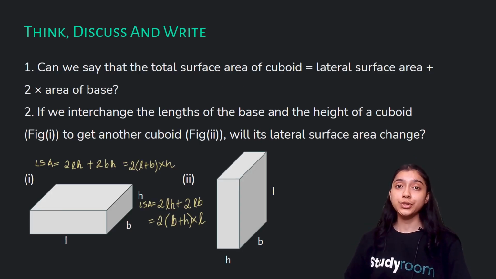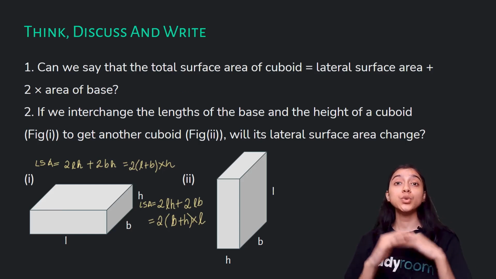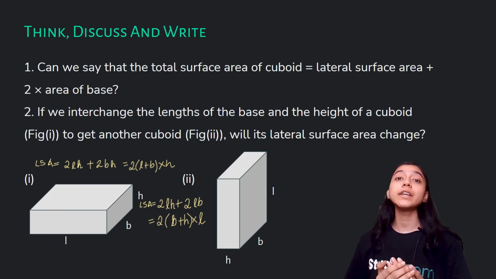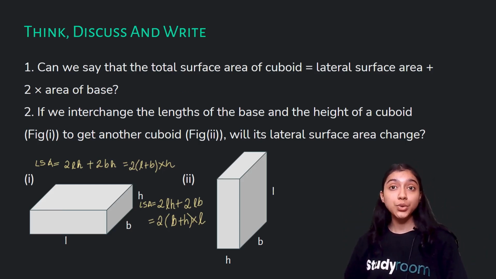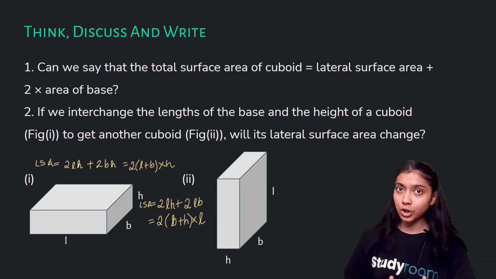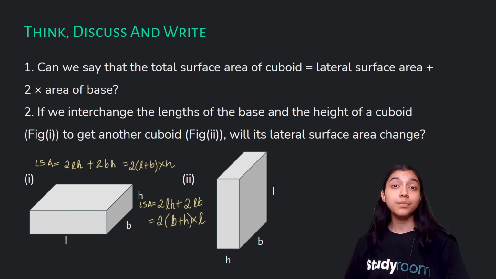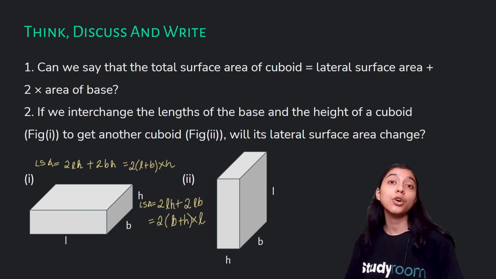Now that I told you that the lateral surface area of the cuboid is the total surface area of the cuboid minus the area of the base and the top, in the reverse way, we can say that the total surface area of the cuboid is equal to the lateral surface area of the cuboid plus 2 times the area of the bases.